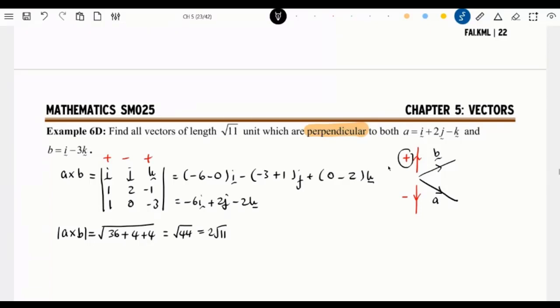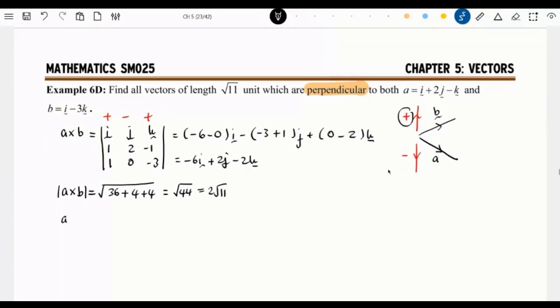So we have to find the A cross B hat because we are talking about length. So this is like a length, okay? So we have negative 6i.